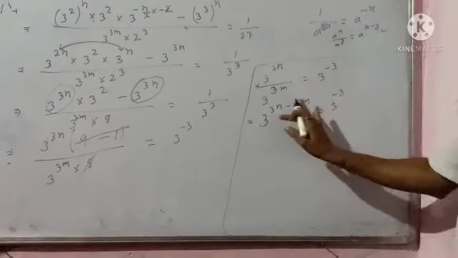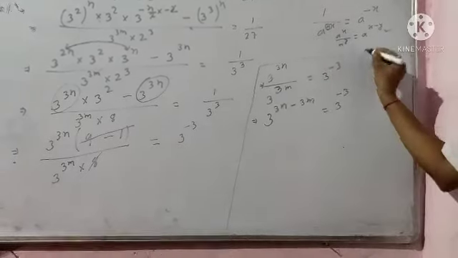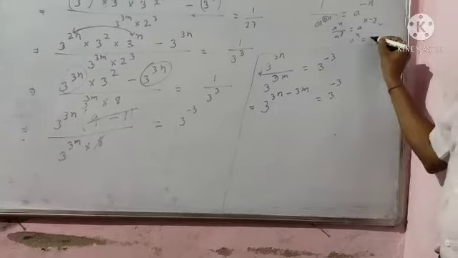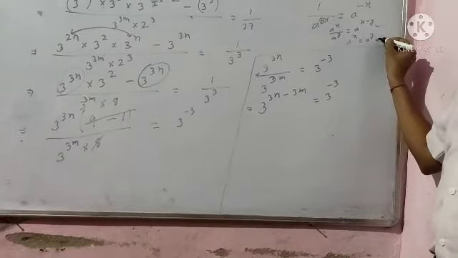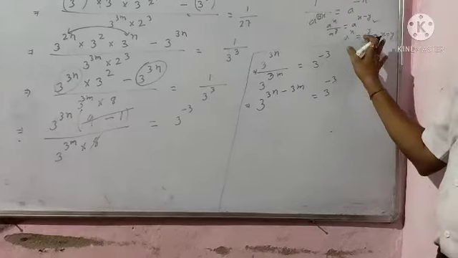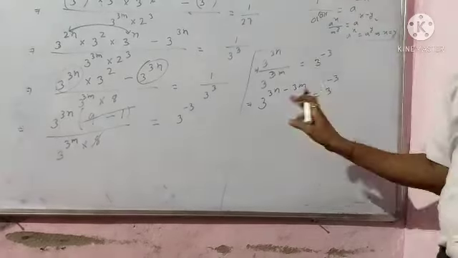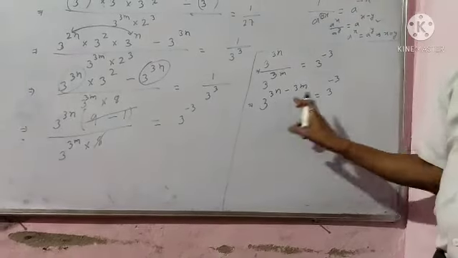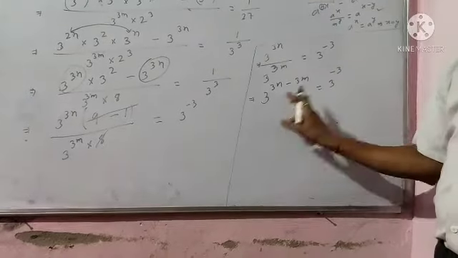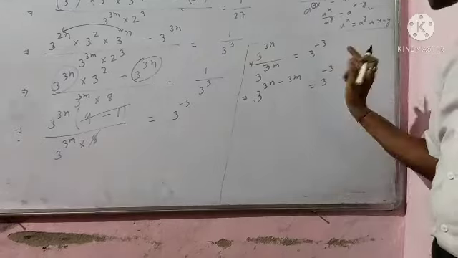According to this property, write down this. And one more property, here, a to the power x is equal to a to the power y, then we can write here x is equal to y. If base is equal, then power is also equal. In this case, again base is equal, 3 and 3, so power is also equal.